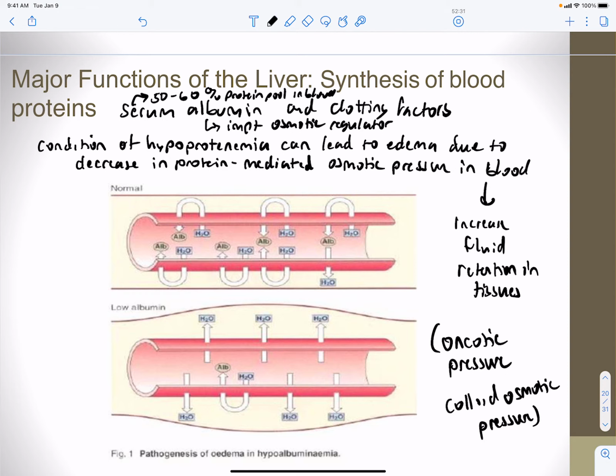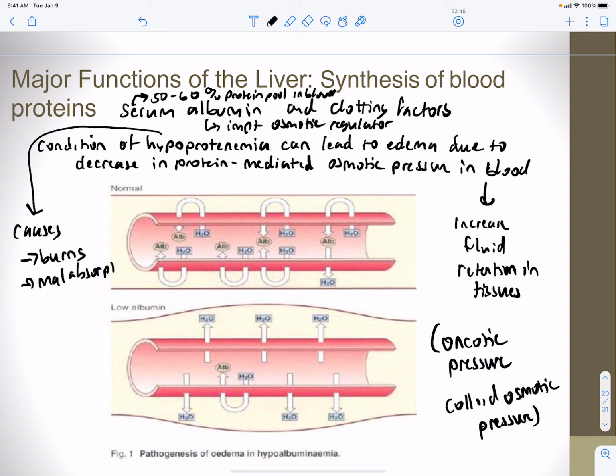So causes are burns, malabsorption, malnutrition, nephrotic syndrome. So you have a loss of proteins through the urine, increased urine secretion of proteins, or decreased synthesis. So you have a liver disease.